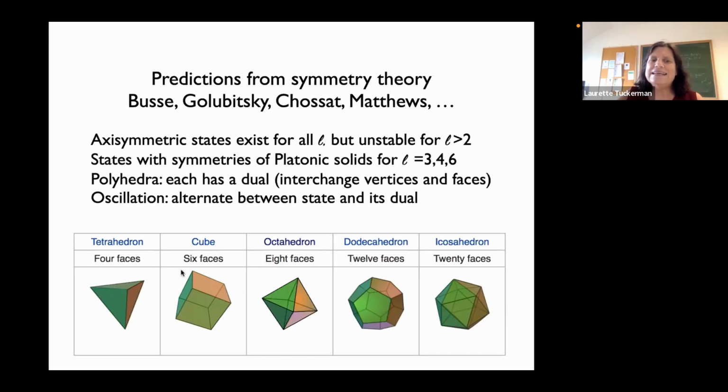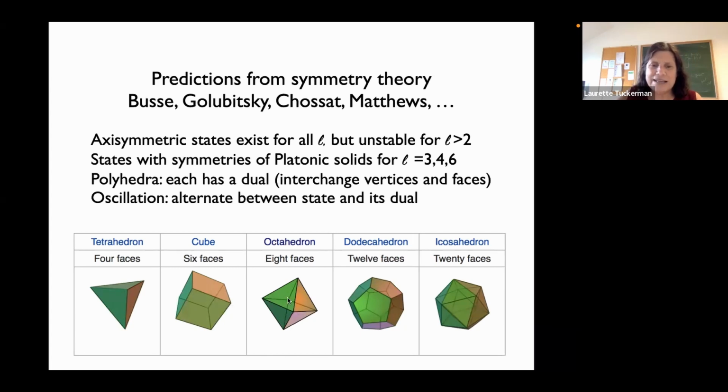The cube is a set of 6 squares, and there are 8 vertices. The octahedron is an object made up of equilateral triangles, and there are 1, 2, 3, 4, 5, 6 triangles. Did I get that right?